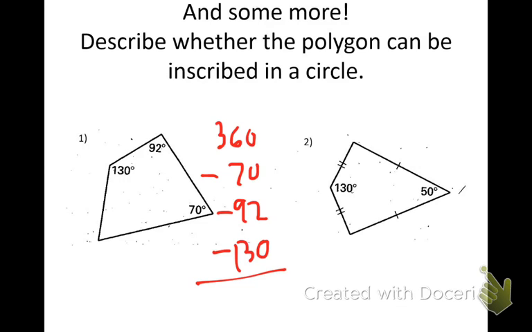So we're subtracting 292 from 360, so that would be 68, if I did my math correct. 292, yeah, 68. So if this angle is 68, could that be inscribed in a circle?